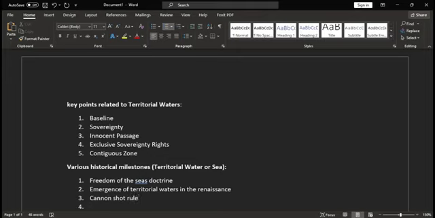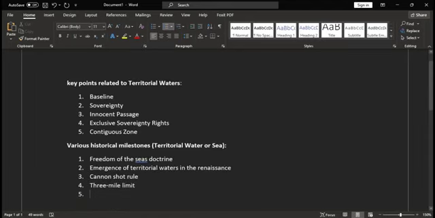We have the 3 mile limit. Paris Declaration of 1856. We have the codification in the 20th century.